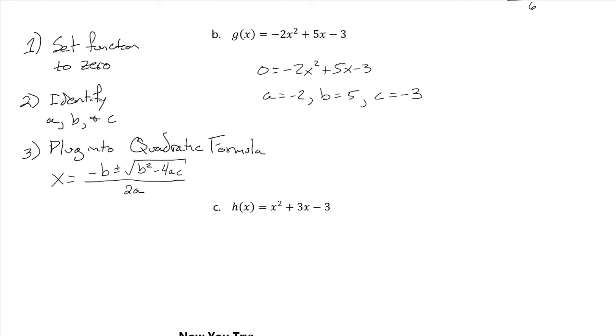And after that we'll simplify. So step 4 will be simplify. And then step 5, I guess I'll say, write the x-intercepts as points. And we'll use these same instructions again on part C in a few minutes.